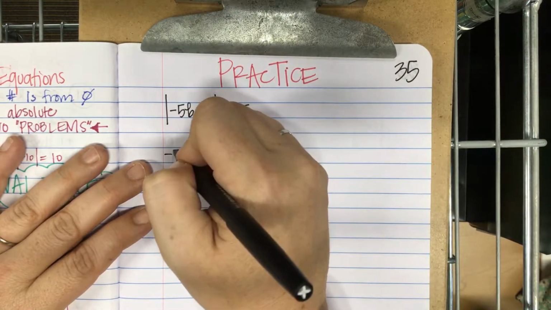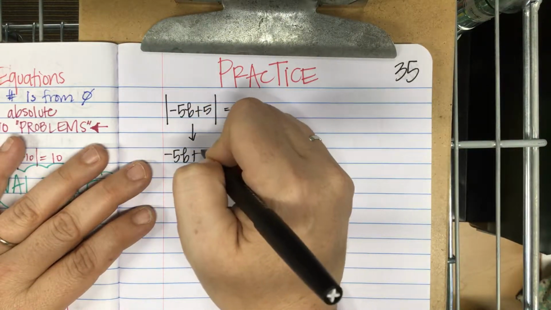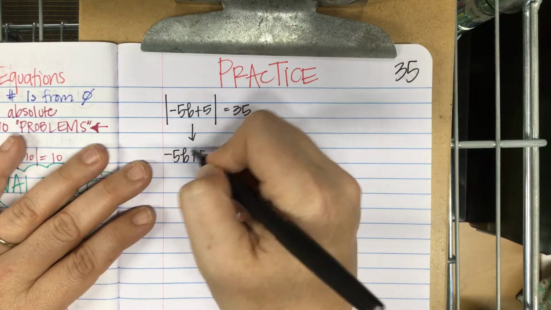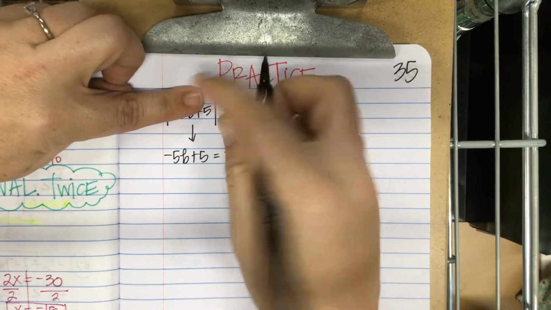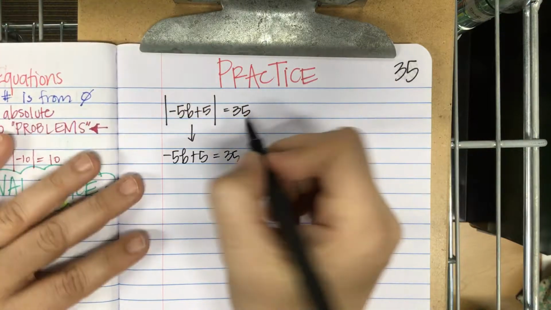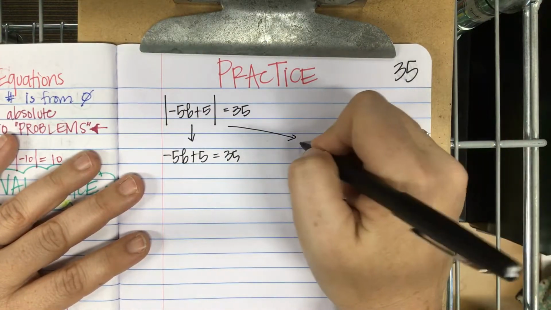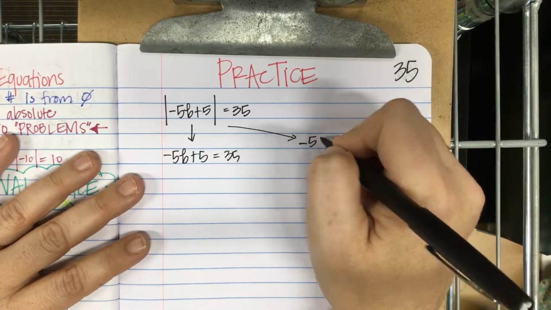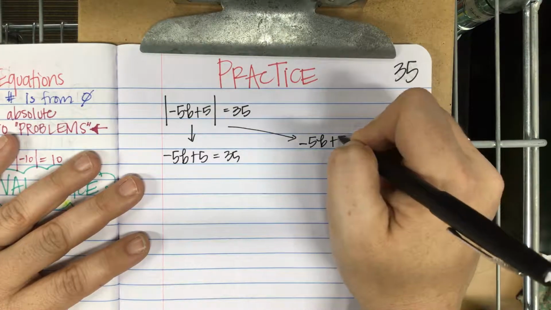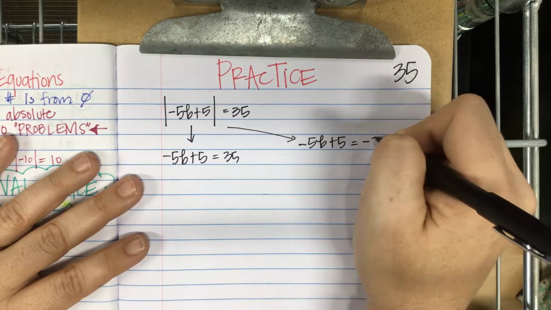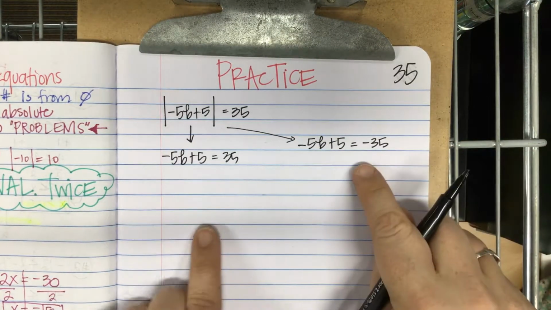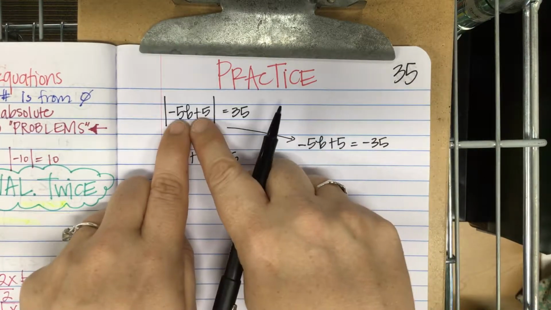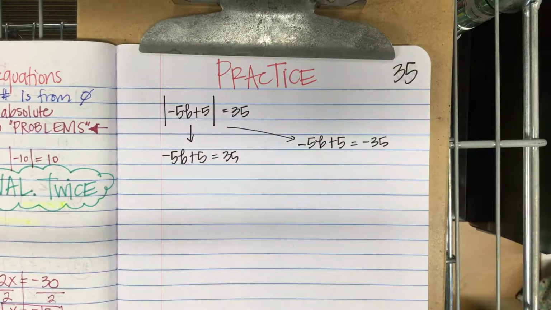I could do negative 5b plus 5 equals 35, the positive value. Or I can do negative 5b plus 5 equals negative 35. Because both of these solutions give me an absolute value of 35.